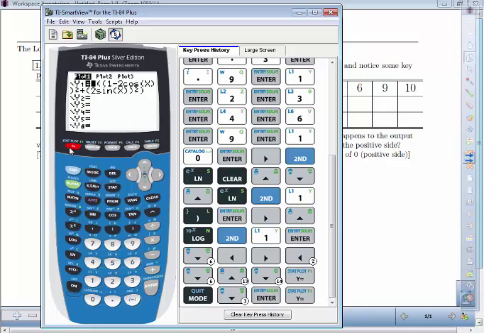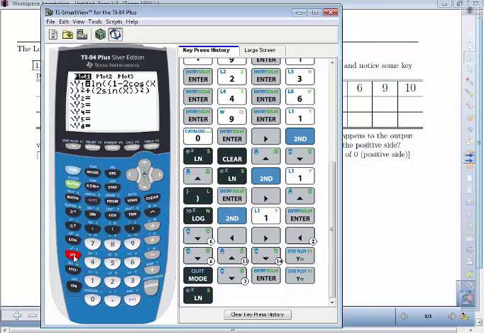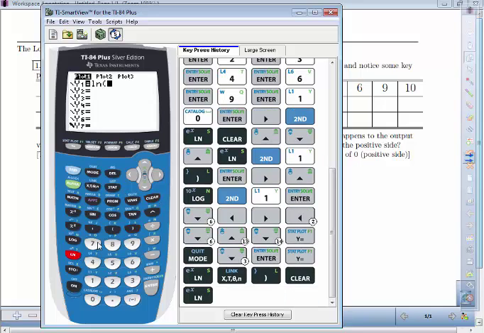So if you hit y equals, have you guys ever used a graphing calculator to graph things? Yes. Okay, so let's put the ln function here. And then let's put the log function.